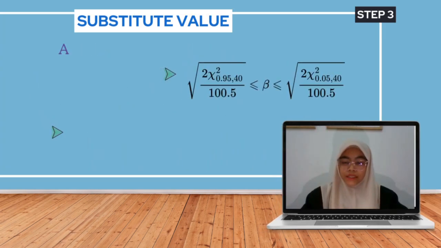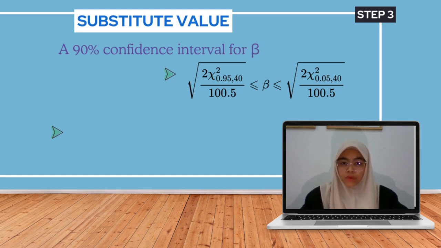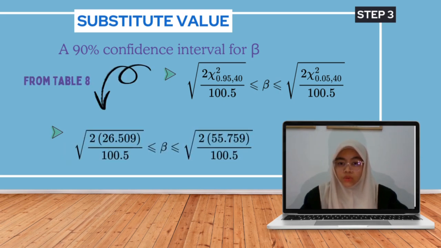So to calculate the 90% confidence interval for beta, we substitute chi-square 0.95 with 40, and the second one is chi-square 0.05 with 40, from table 8, and we will get the square root of 2 times 26.509 divided by 100.5 less than or equal to beta less than or equal to the square root of 2 times 55.759 divided by 100.5.